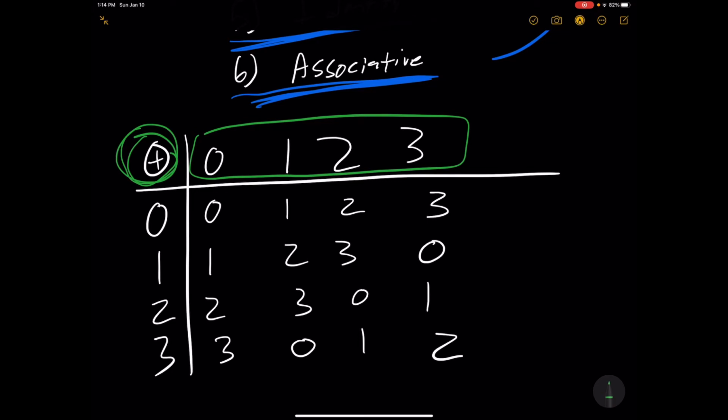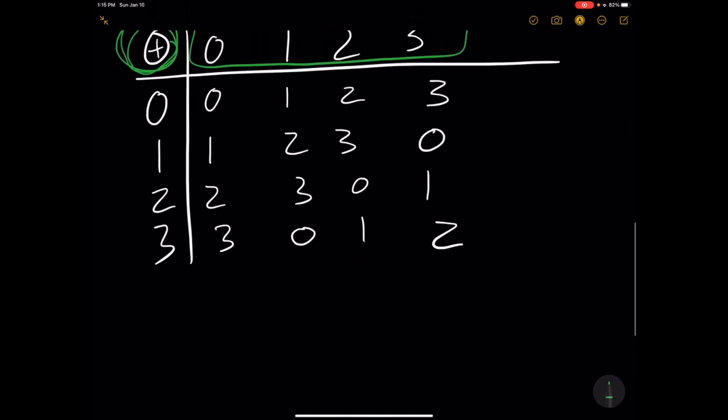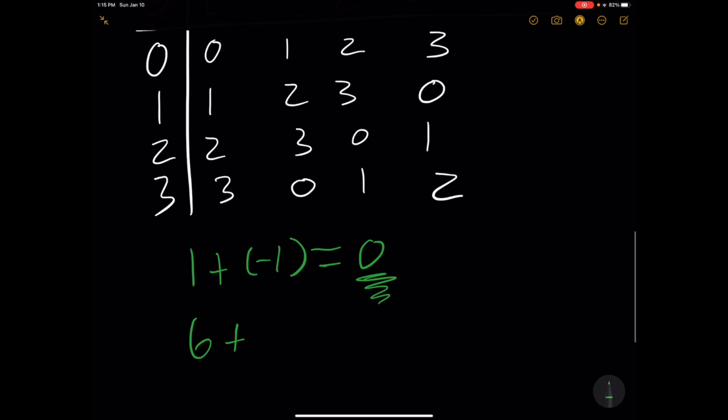Now the next part is inverses. Let's see what inverses do. Inverses bring us to the identity element. So for example, if I have the number 1, well, what's 1's additive inverse? The additive inverse of 1 is negative 1, because 1 plus negative 1 is 0. 0 is our additive identity. 6 plus negative 6 is equal to 0, so those two are additive inverses.